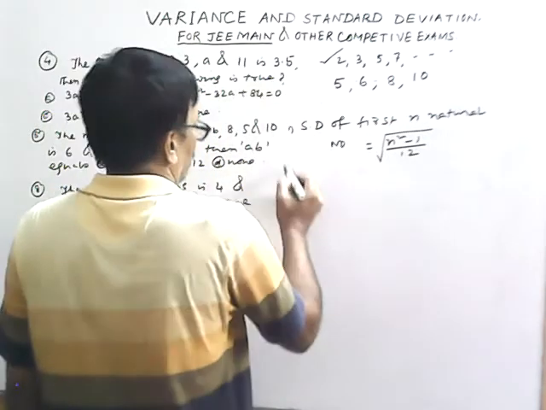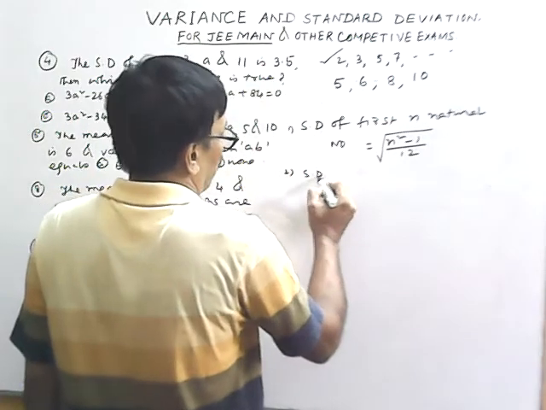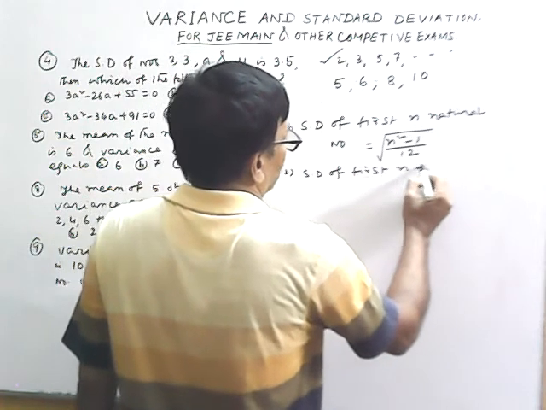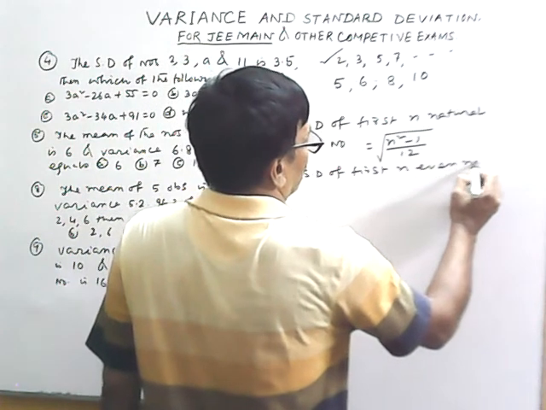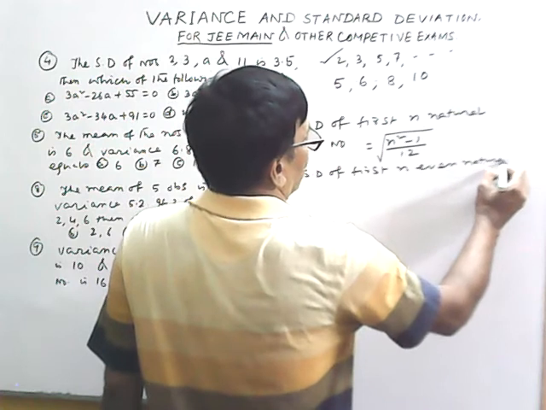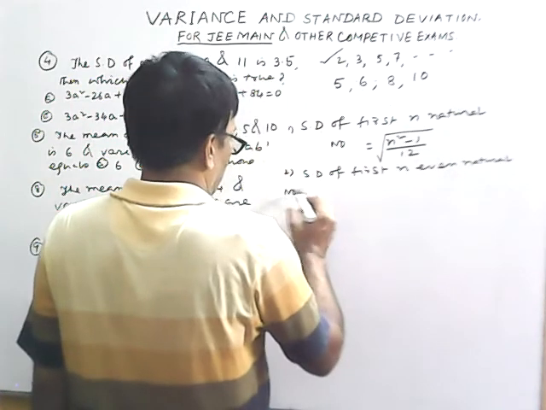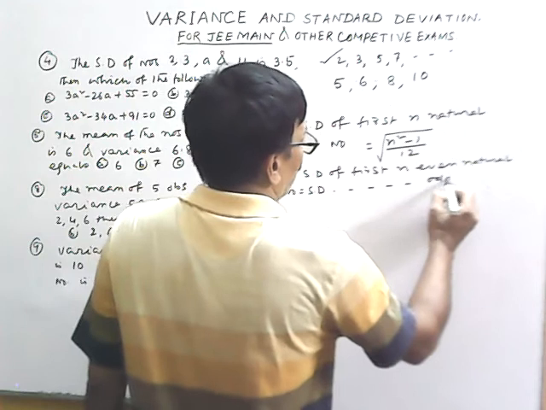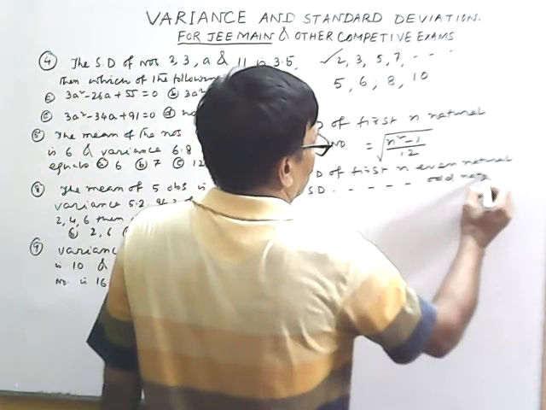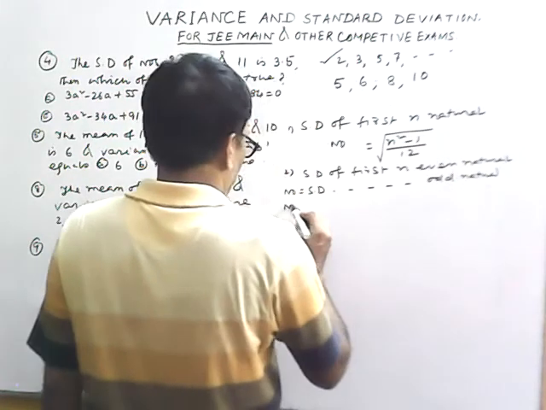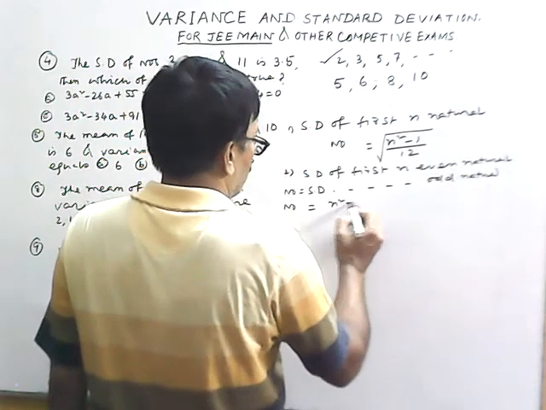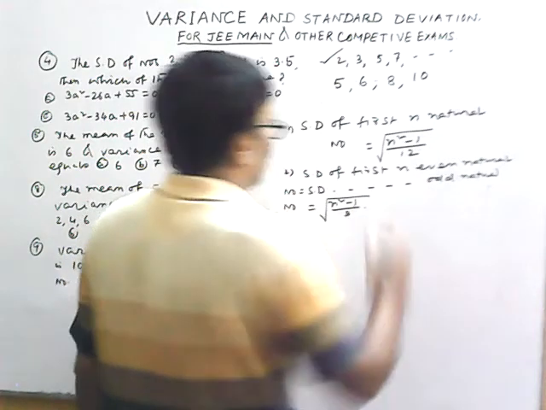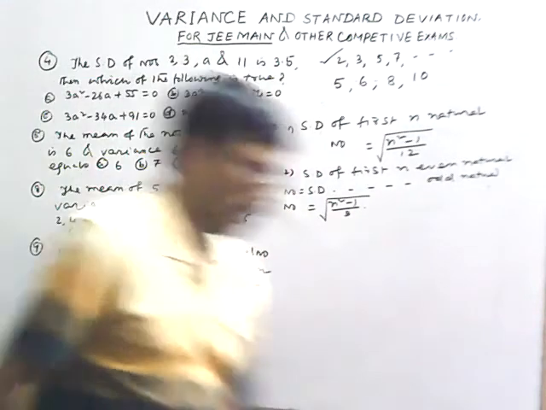Number 2: the standard deviation of the first n even natural numbers equals the standard deviation of the first n odd natural numbers, which equals root of (n square minus 1) by 3.